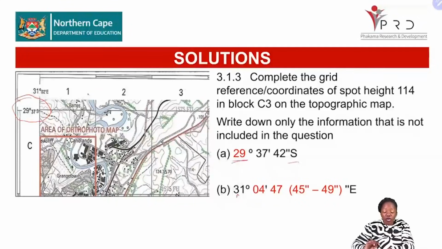Then our feature is in block C3. You start with the minutes in block C1, which is 2. For the minutes, you add 1 to the next block, another 1 to the next block, because 60 seconds is equal to 1 minute.